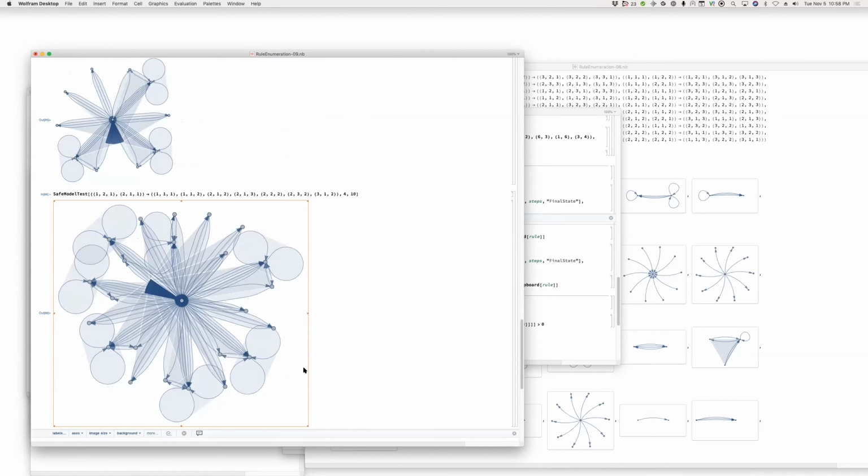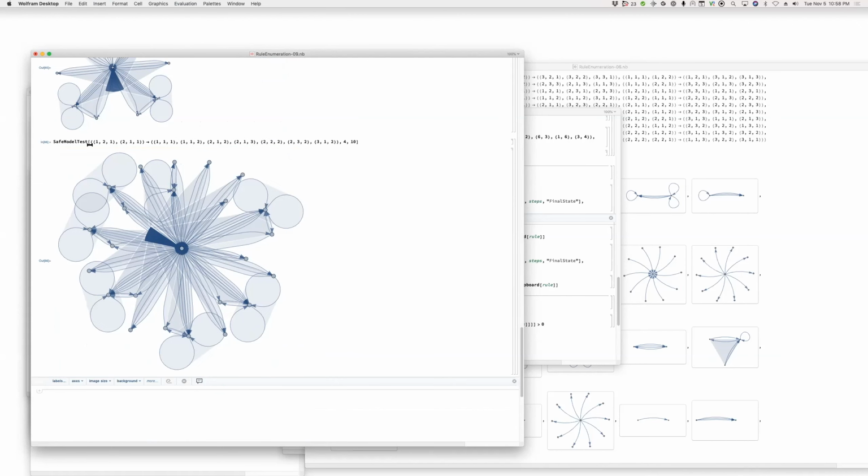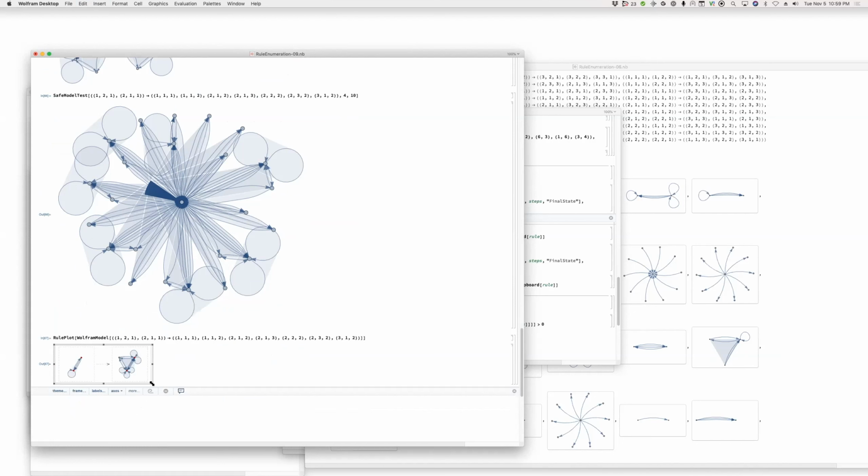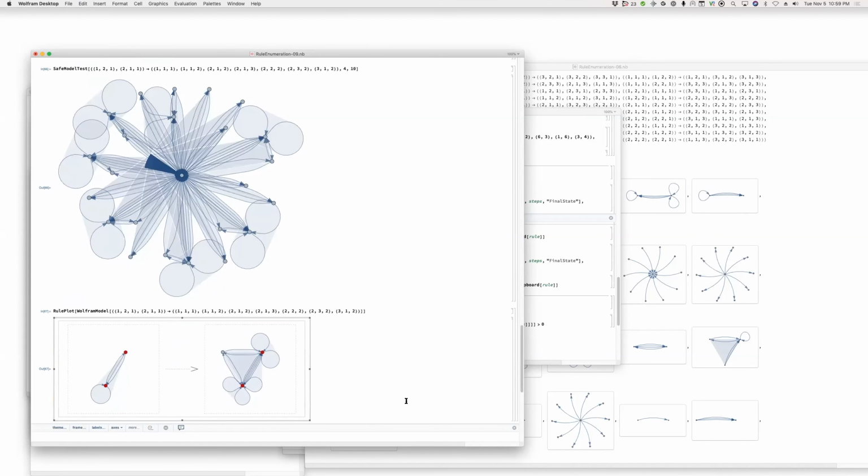Can you do rule plot of it? It's pretty trivial.